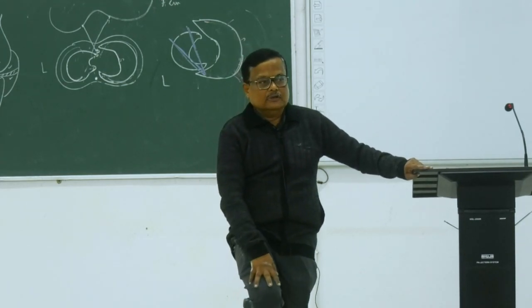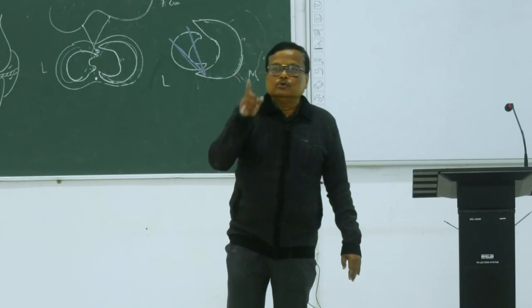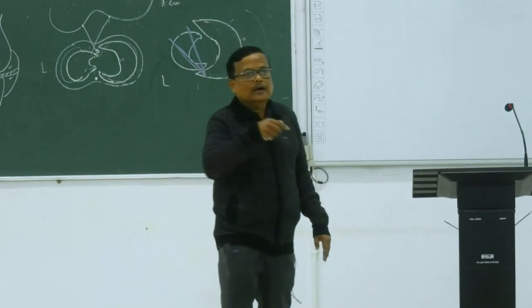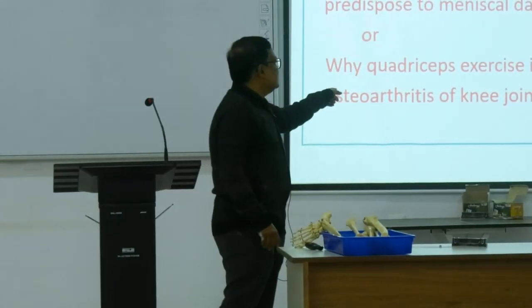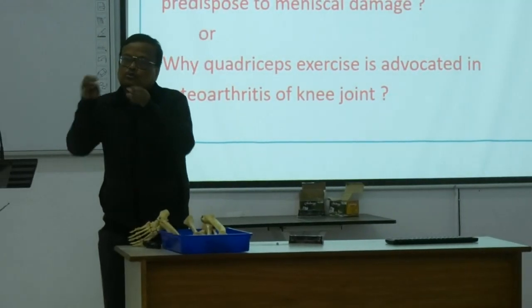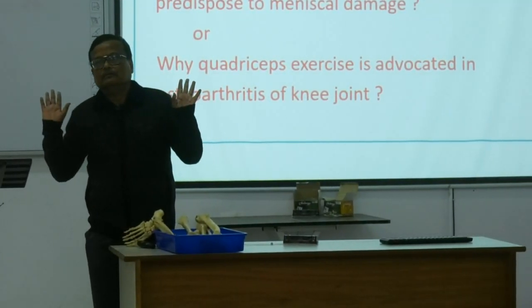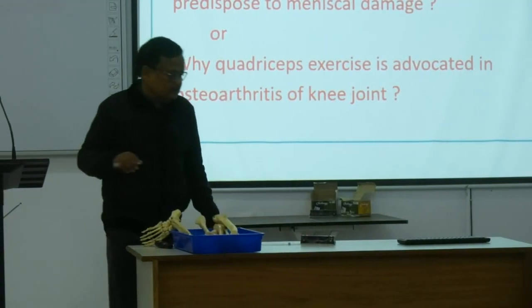Very, very important to give health to the meniscus. So quadriceps exercise is advocated in osteoarthritis of the knee joint. যতটা বেঁচে আছে ততটা যেন নিউট্রিশন পেয়ে ভালো থাকে। সুতরাং quadriceps exercise is very important.